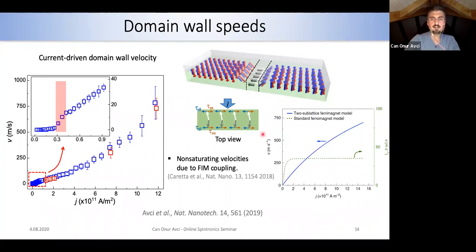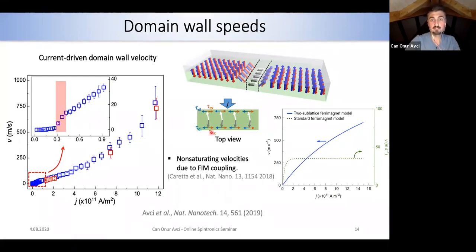But we have a model to explain that, and it is based on the exchange interaction between these two sublattices. You have these two sublattices, and you have a damping-like torque. This is a top view of this region of the device, and the current goes like this. If there was only one sublattice, the damping-like torque would try to tilt these sublattices along one direction.